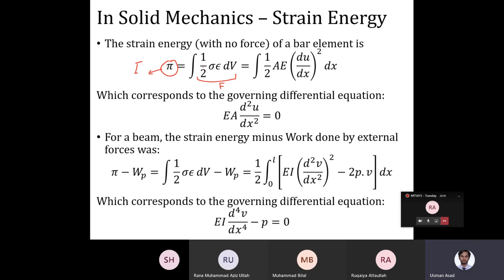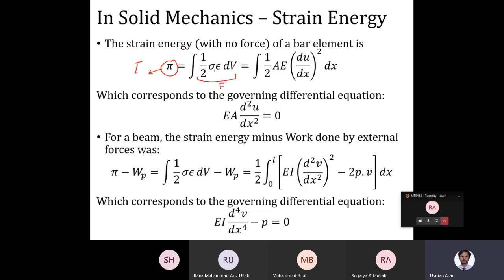So this I is some integral of F. ठीक है? और इसको minimize करना is equivalent to solving the governing differential equation. If I plug this F into the Euler Lagrange equation, I get this differential equation.